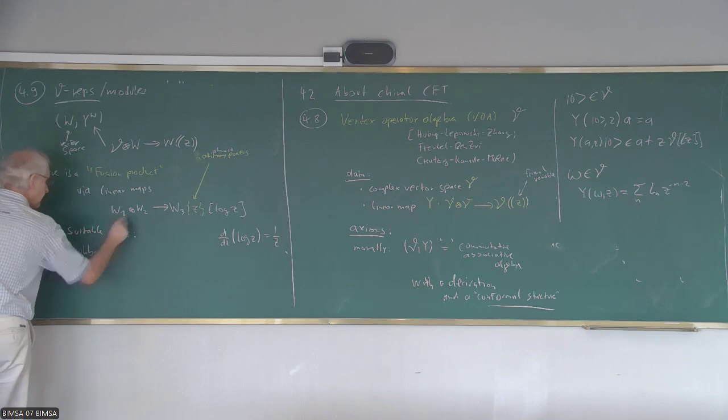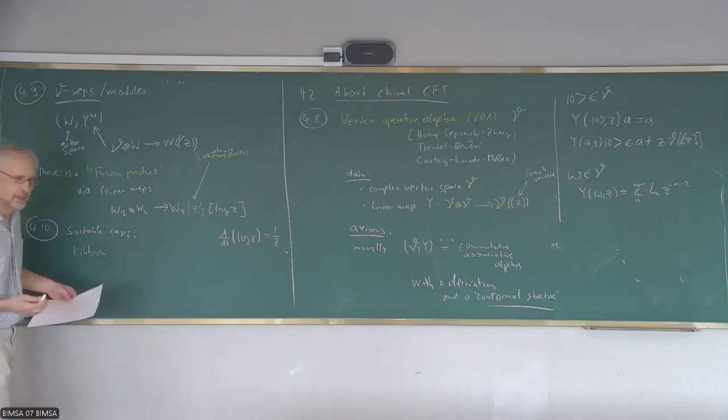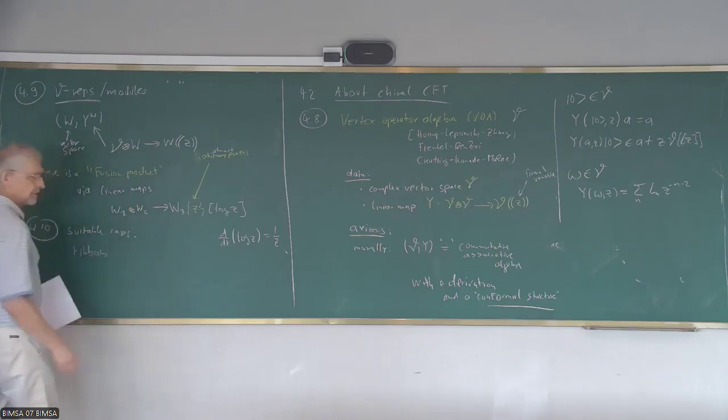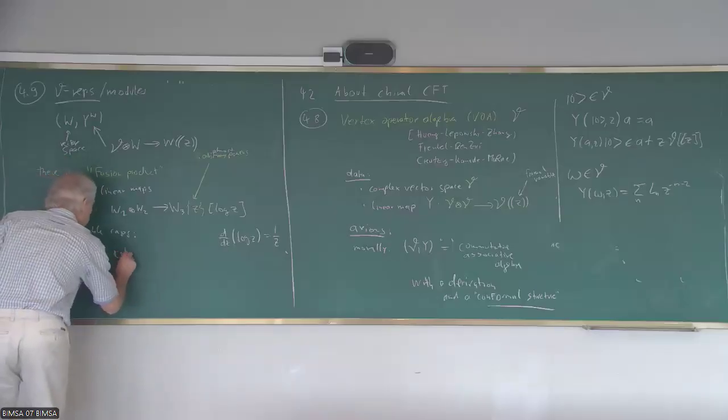the representations together with the fusion product and a twist and a braiding and a rigid structure give you a ribbon category.